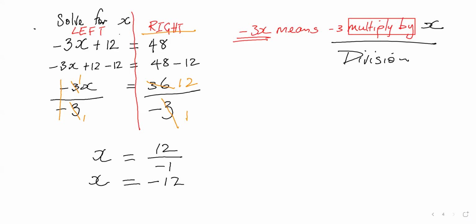She's asking, why is it -12 if the 36 is larger? Now, the larger concept only applies for when you are adding numbers or subtracting numbers, not for division or multiplication.